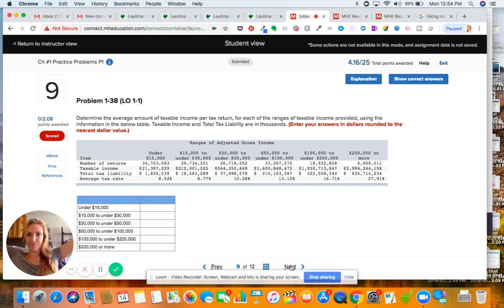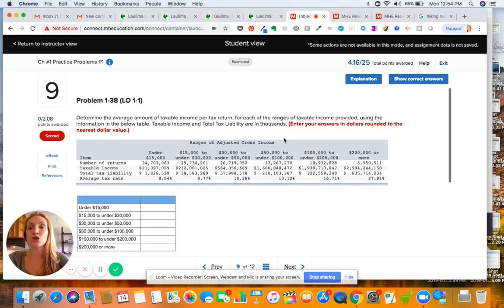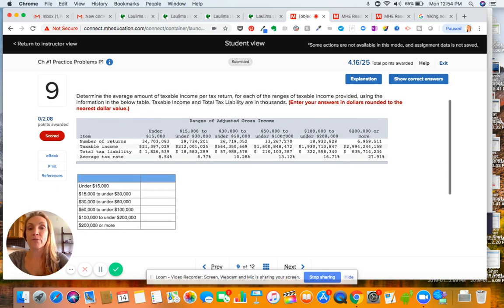This question: determine the average taxable income per tax return for each of these ranges of taxable income provided using information in the table below. These tables were really interesting. They had averages from 2015 through 2018 in the book here.